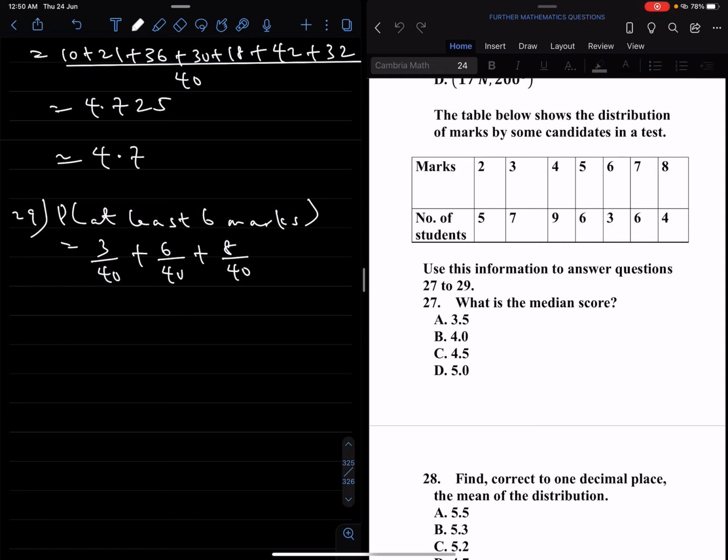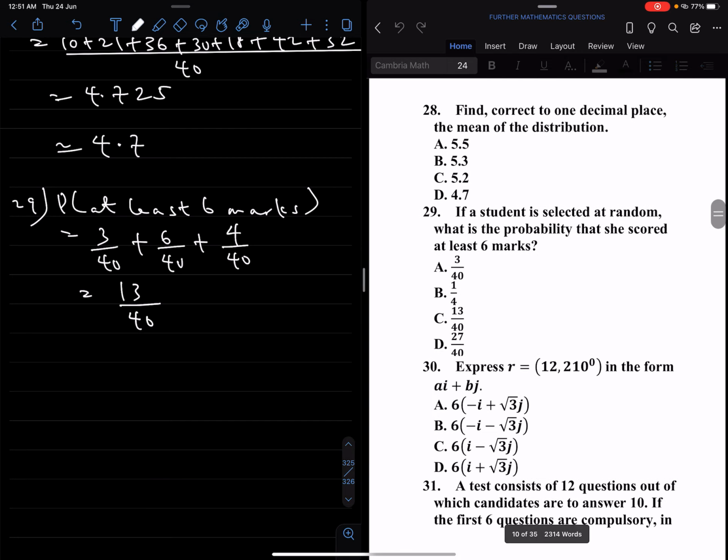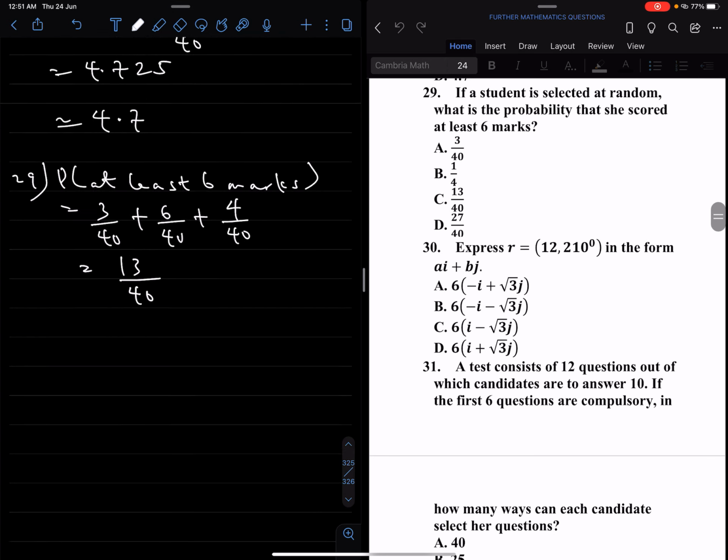And the probability that a student selected at random scored 8 is going to be the number of students who scored 8 divided by the total number of students. The number of students who scored 8 is actually 4, so that's 4 over 40. So 3 over 40 for those who scored 6, 6 over 40 for those who scored 7, and 4 over 40 for those who scored 8. That's simply 13 over 40. So the probability that a student selected at random scored at least 6 is 13 over 40.